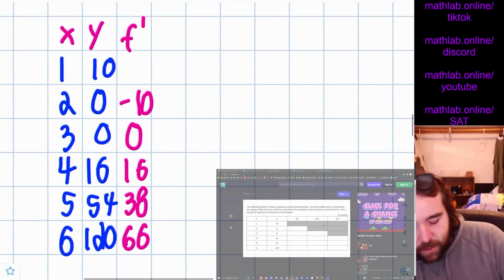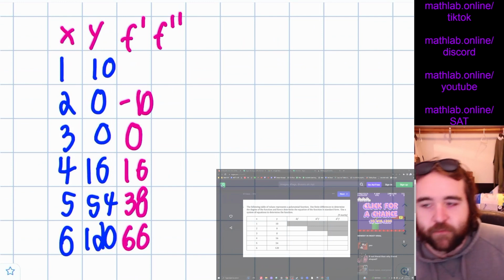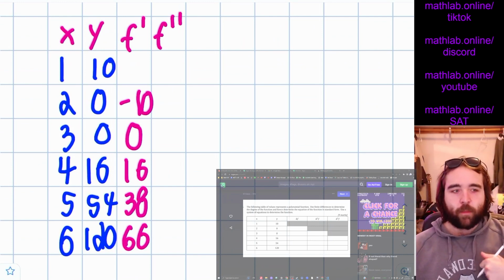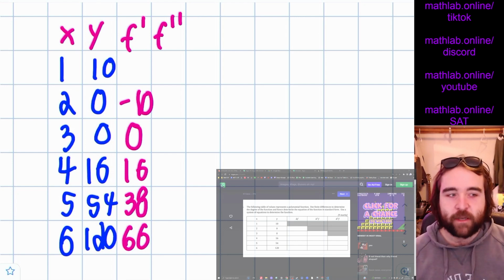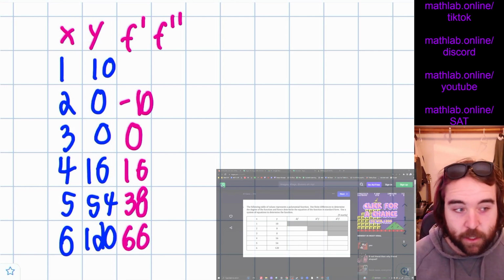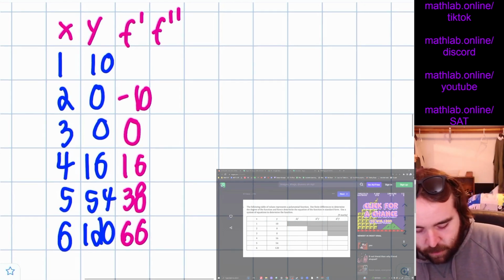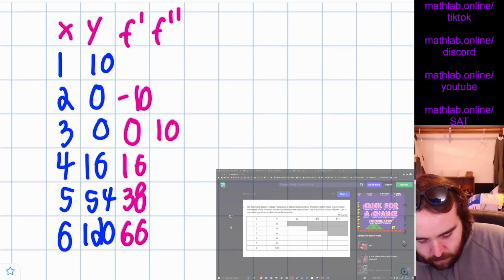And now for the second derivative. If it was a first degree linear equation, it would have a constant slope. All those numbers would be the same. And that's not true. So let's look at the second derivative, or the acceleration. There we're saying the acceleration goes up by 10, up by 16.